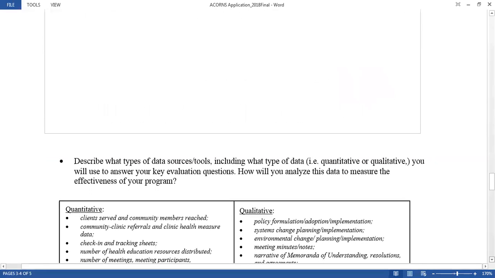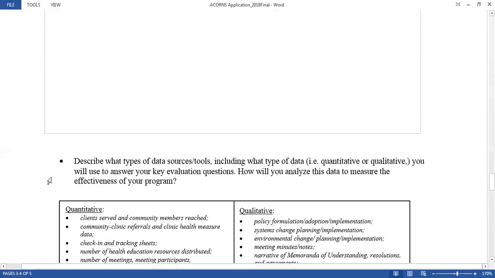The next question under evaluation says, describe what types of data sources and tools, including what type of data, for example quantitative or qualitative, you will use to answer your key evaluation questions. How will you analyze this data to measure the effectiveness of your program? So in the Outcomes and Evaluation Attachment B template, you will be identifying those evaluation questions, and you will also be identifying the data sources and tools that you will use to answer those questions.